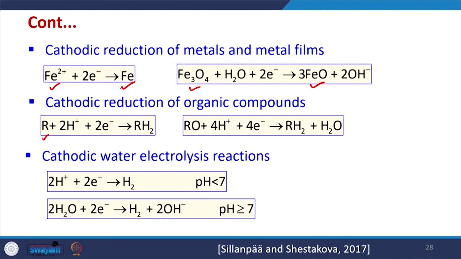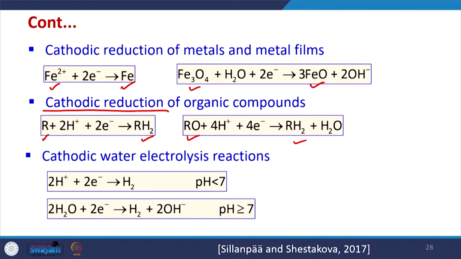So, all these organic compounds are getting reduced into this, depending upon what type of organic compound, what the pH is, and how much electricity or voltage we are applying. These cathodic reduction reactions are possible during electrocoagulation, electrooxidation, or any of the electrochemical techniques.